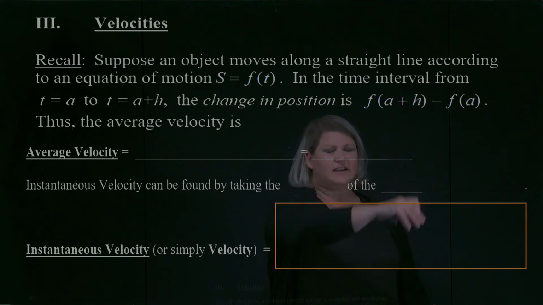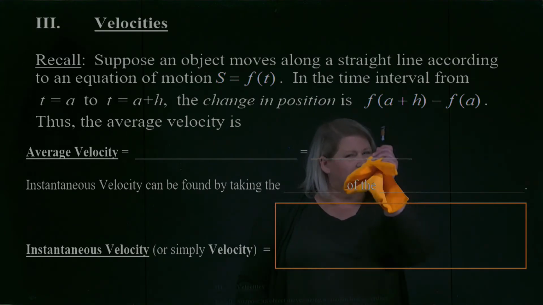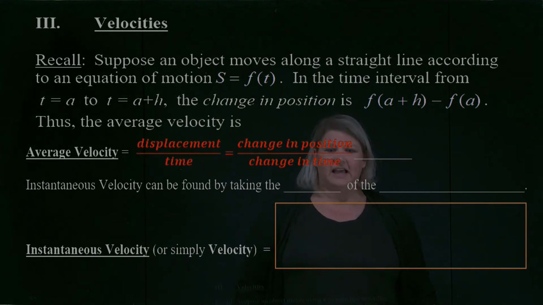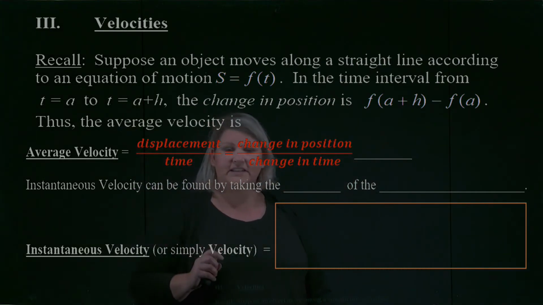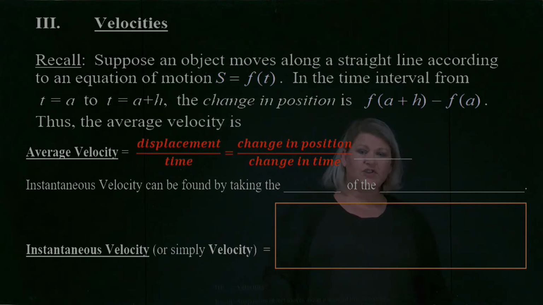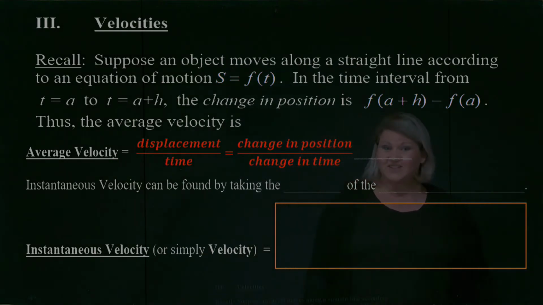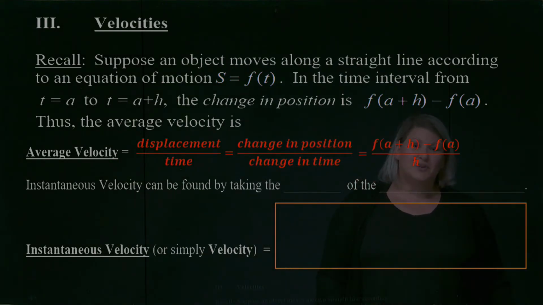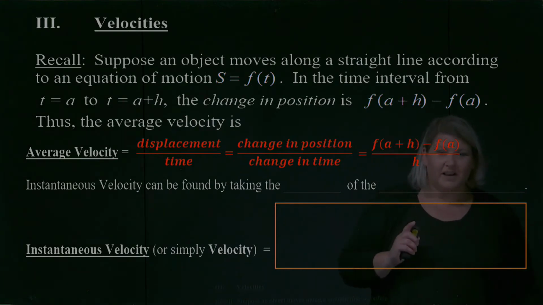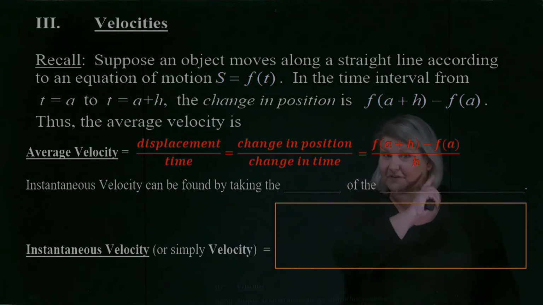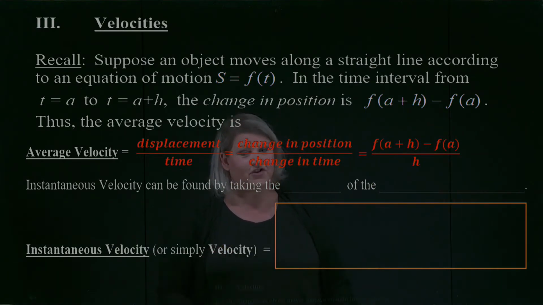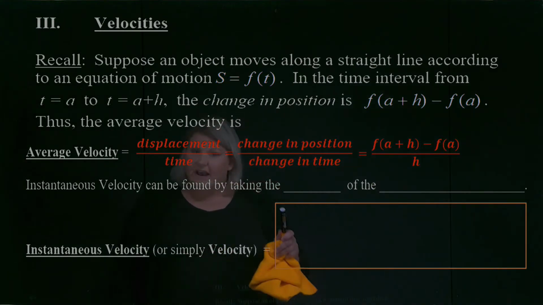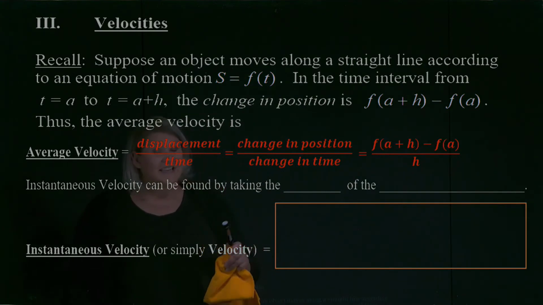You're just taking the difference of the outputs. If you want to find the average velocity, you're going to take your displacement and put it over time, which is going to be your change in position over your change in time, which is going to be the slope formula of those 2 points, f of a plus h minus f of a all over h. Average velocity, that's the secant.